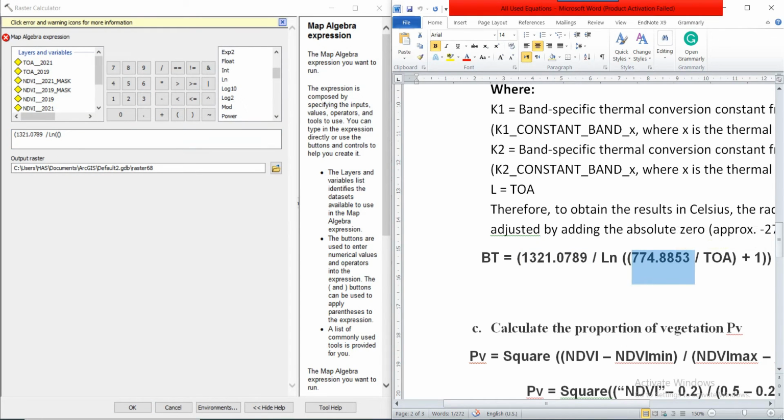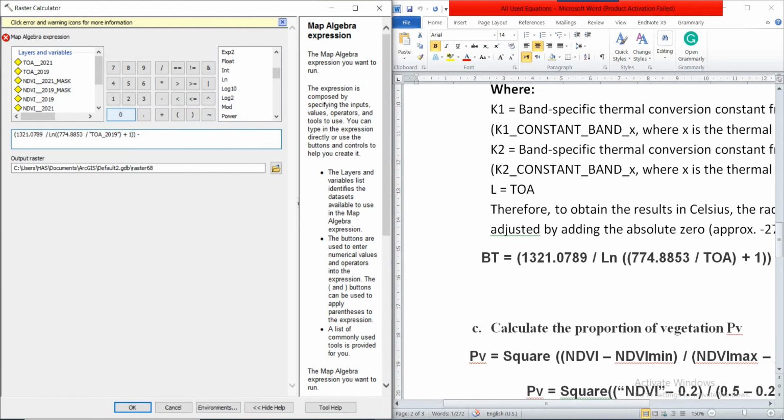I'm gonna copy this number and then divided by TOA for 2019, out of the bracket plus 1, and then double bracket, one for the logarithm and another for the first bracket, or the second bracket, sorry.